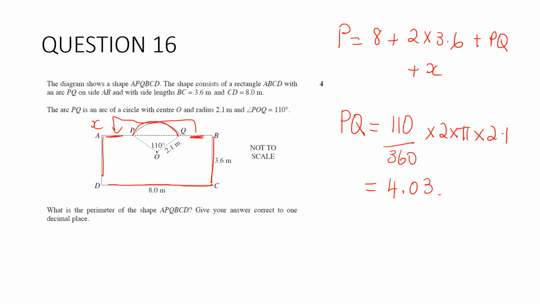And now we want to work out X. Now X is going to be equal to 8 metres, because that's all of that, take away this distance here, PQ. Now it's a different PQ to the arc. I hope that makes sense to you. And we're going to get that one there by doing cosine rule.